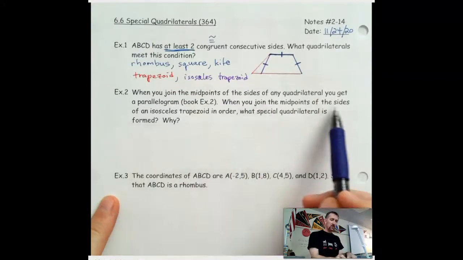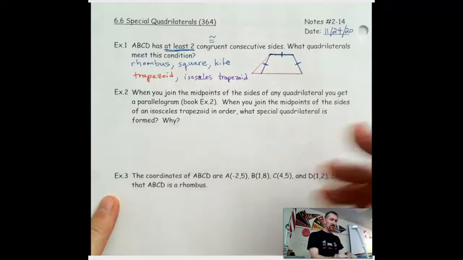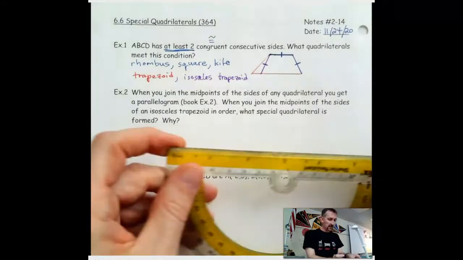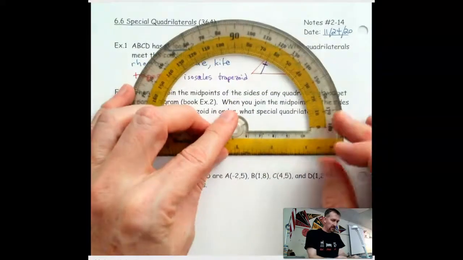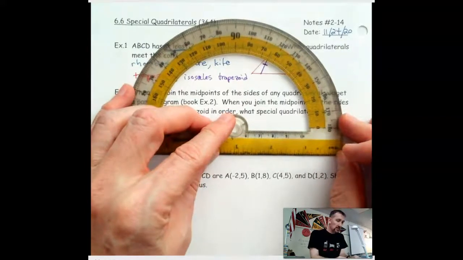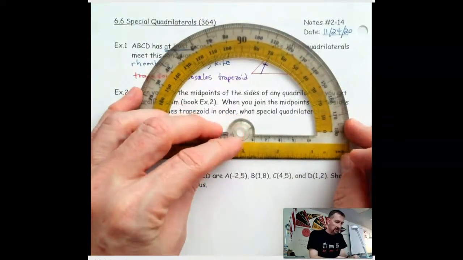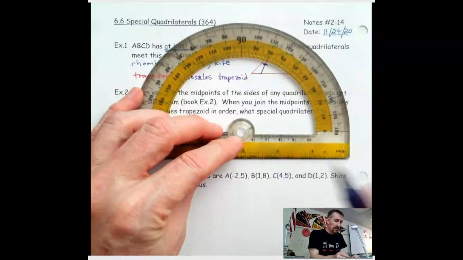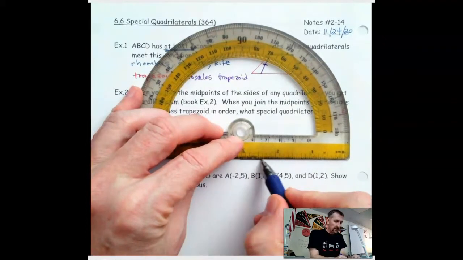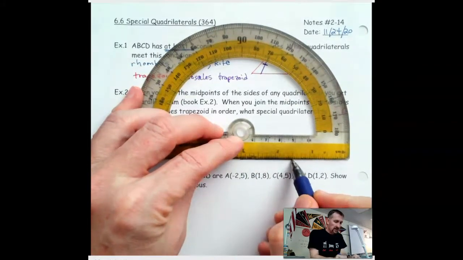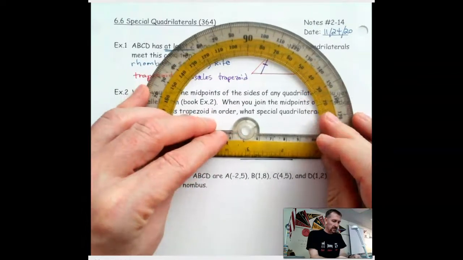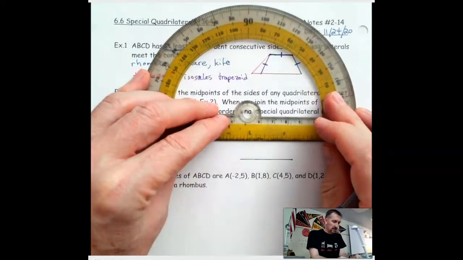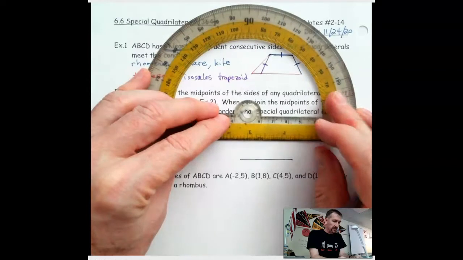When you join the midpoints of the sides of an isosceles trapezoid, what do you get there? Okay, so let's see. Isosceles trapezoid. Let's see how I do here.